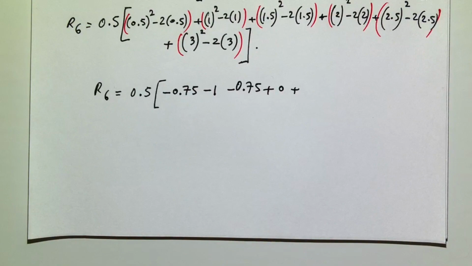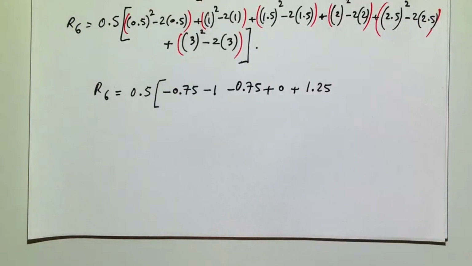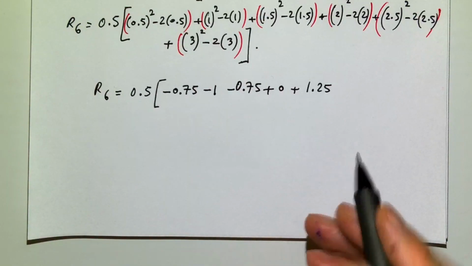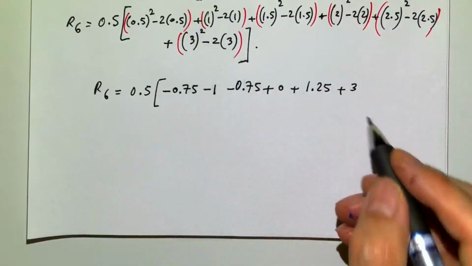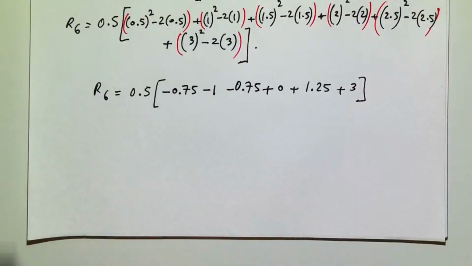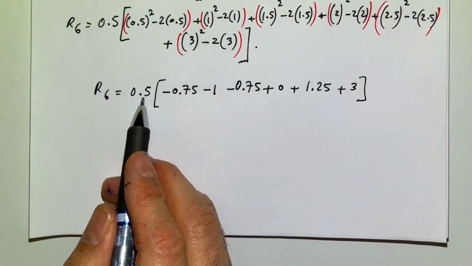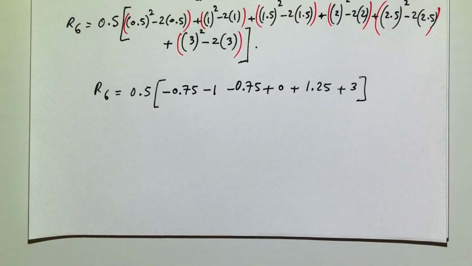So 5 divided by 4 is 1.25. I should have known that, so 1.25. And then what else do we have? So we have plus 3. And that's that last one. 9 minus 6 should be 3. So adding all of those and multiplying it by 0.5, let's see what we get. I'm just double checking this with my small calculator here, this one.